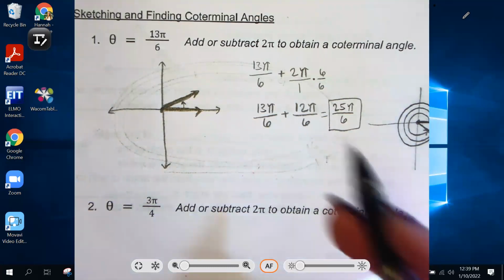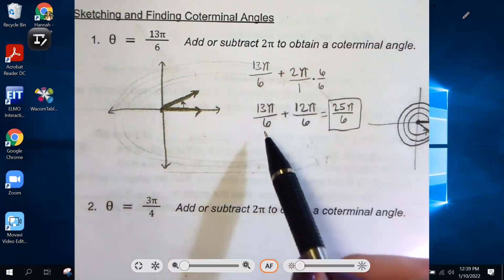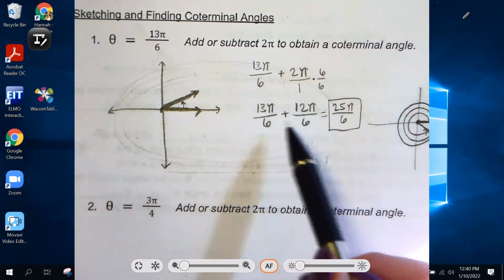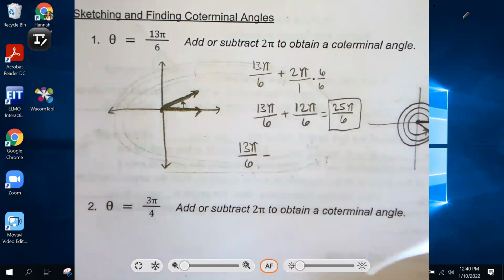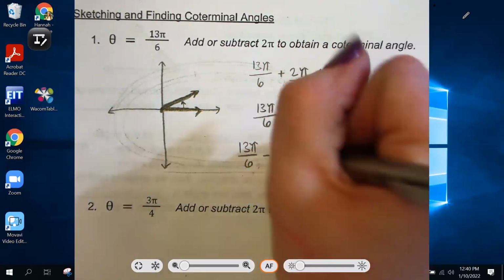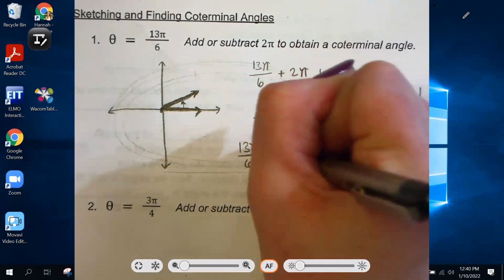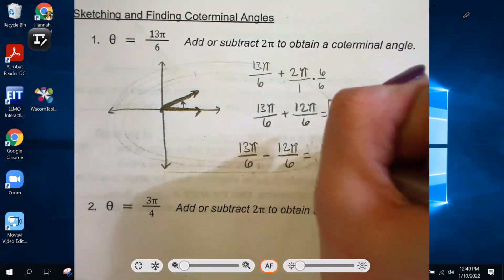Okay, let's find another coterminal angle, but we're going to subtract. We can use the work that we've already done, 13 pi over 6, but now we're going to subtract 2 pi, which we already converted to 12 pi over 6. So if we subtract a full rotation, we end up with pi over 6.